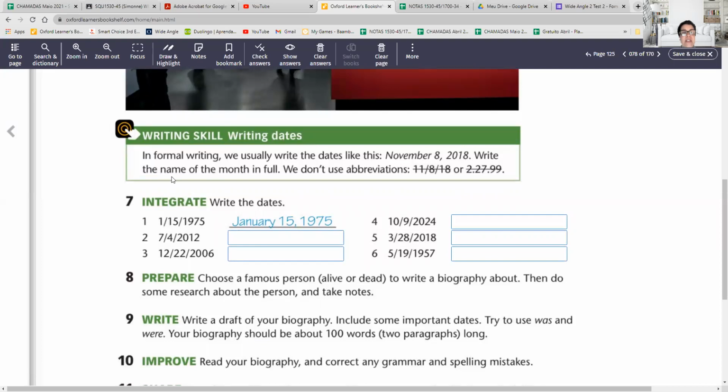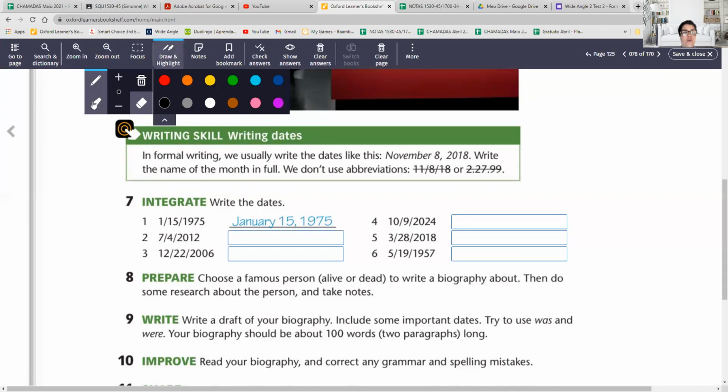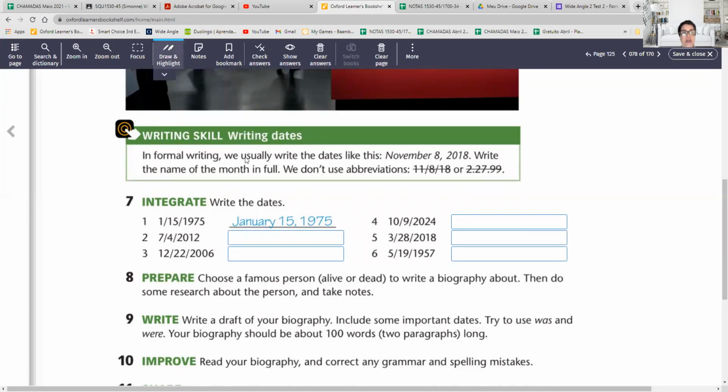Now, write the name of the month in full. We don't use abbreviations for formal writing, okay?